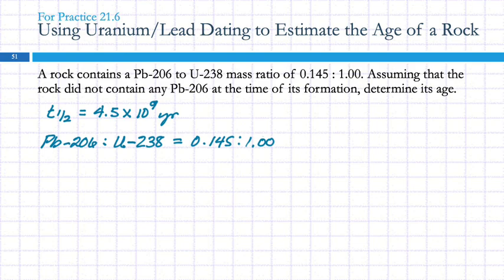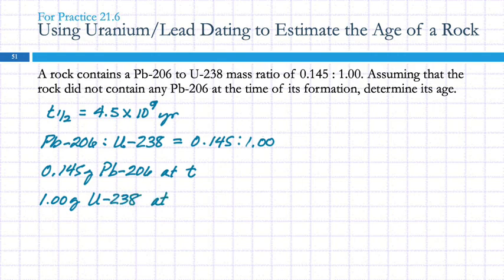So this is saying I have 0.145 grams of lead-206 for every 1 gram of uranium-238 that I started with. Does that make sense?